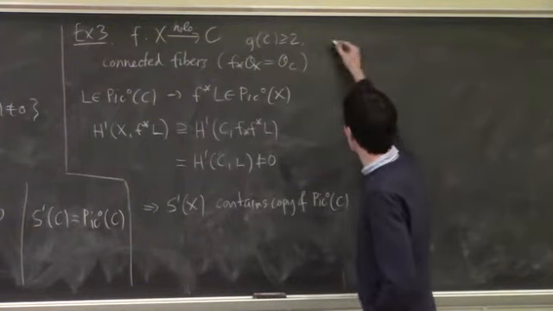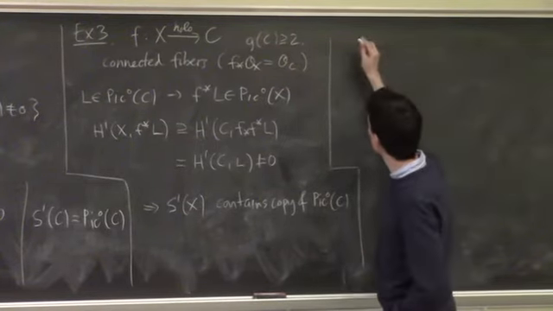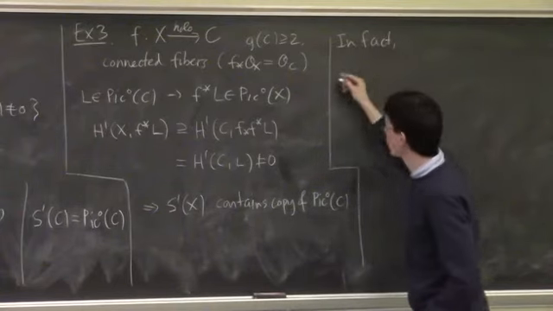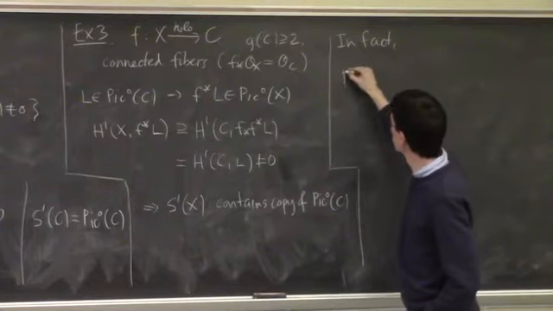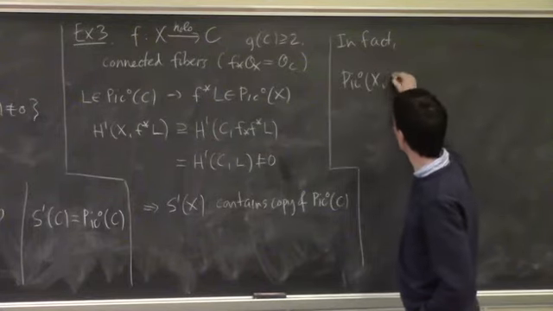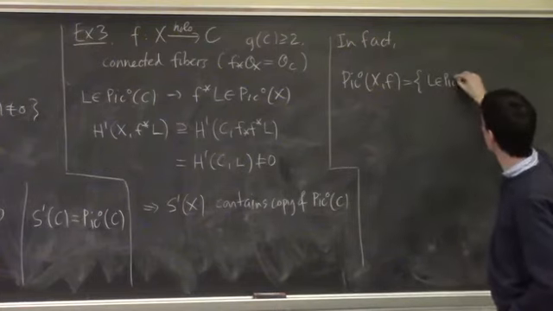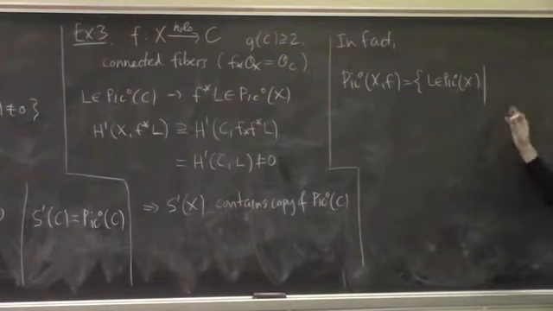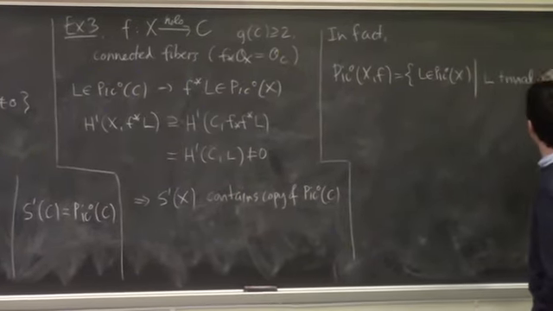In fact, there's a slightly more general result if one does this a little more carefully. You can look at not only line bundles that come from C, but at this slightly more complicated set, which is the set of line bundles on X that are trivial on the typical fiber, on the generic fiber.